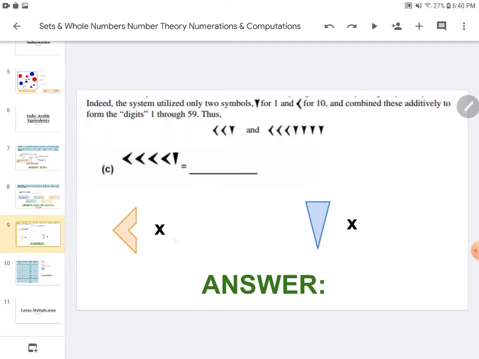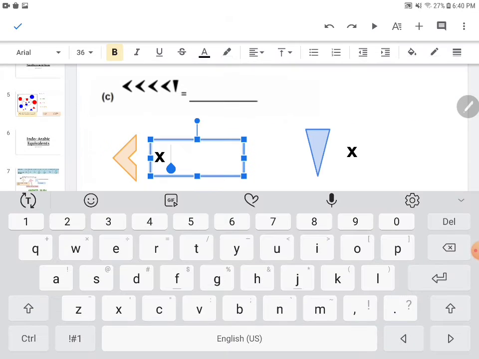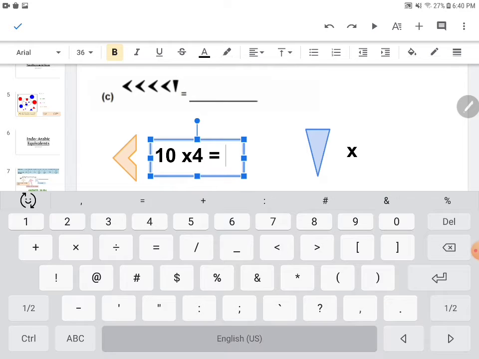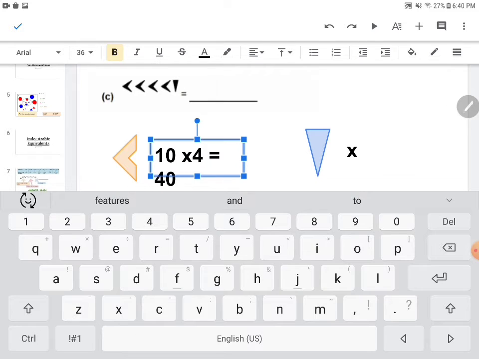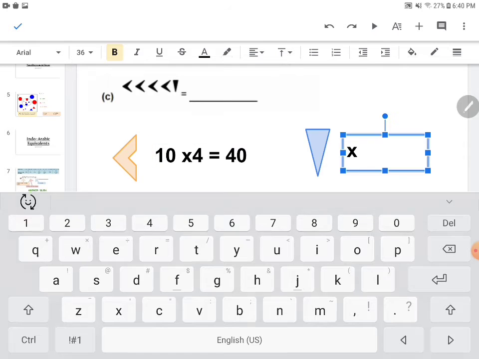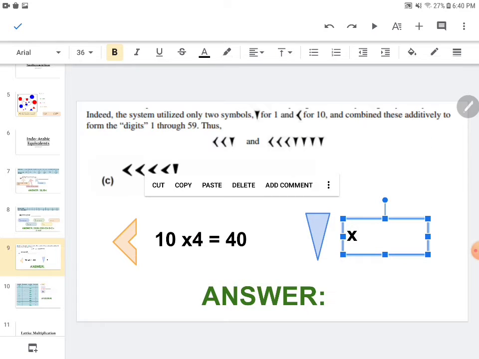Since we have 4 of our left arrows in our problem, we're going to multiply 10 by 4, and our solution should be 40 for that one. Again, with our triangle, one triangle represents 1 point, or the number 1.